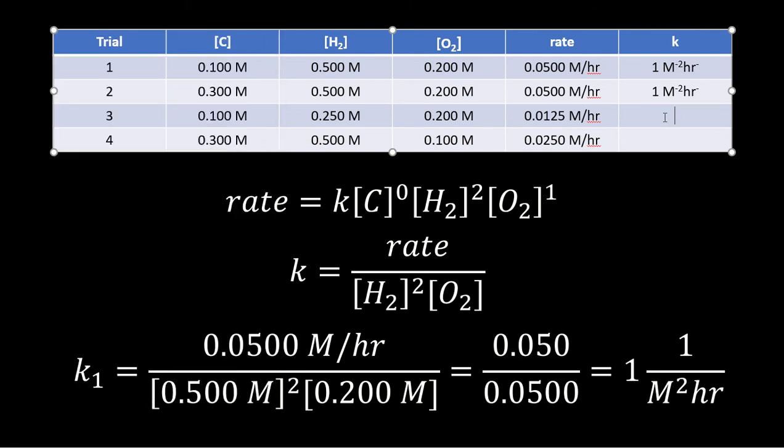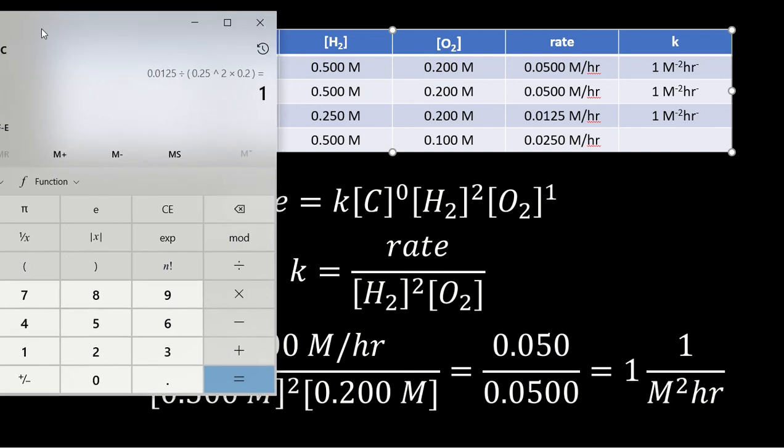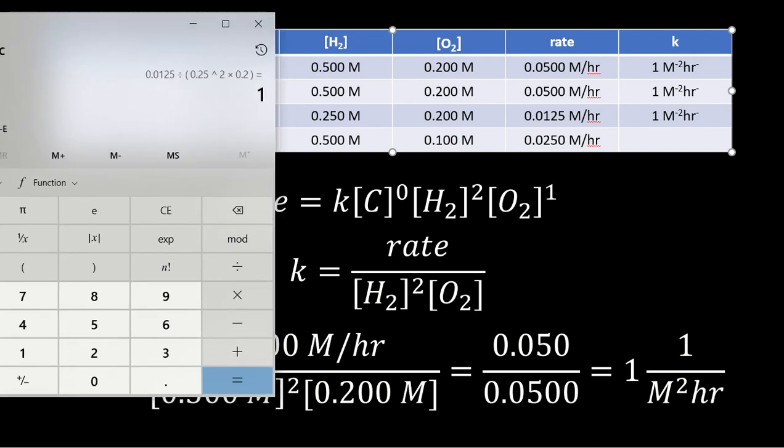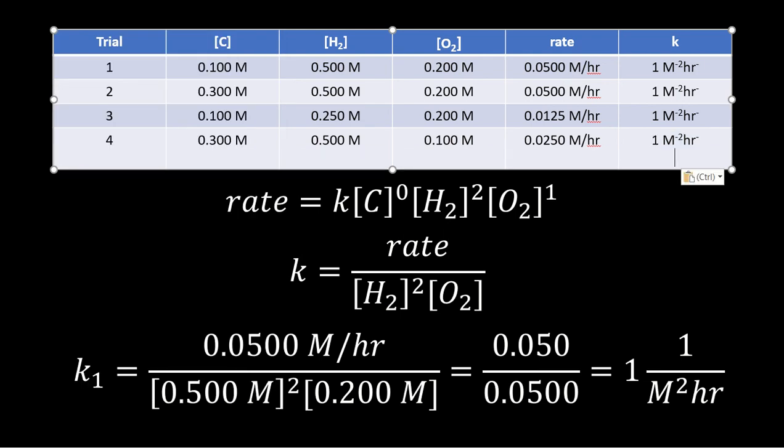So, all right, good so far. It looks like all these rate constants end up being the same. And the rate constant for trial 4 would be 0.0250 divided by 0.5 squared times 0.1, which once again equals 1 inverse molar squared per hour.